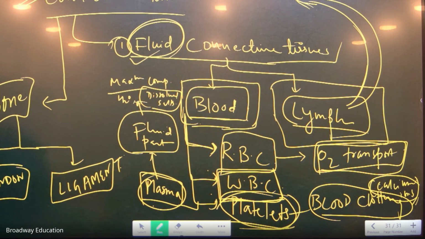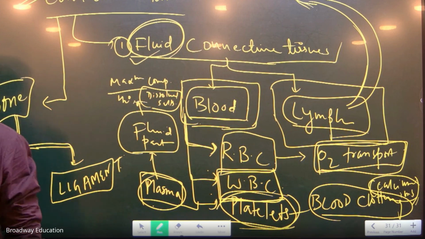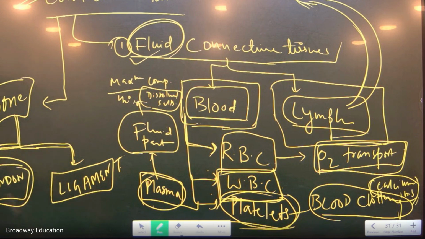Now, after this, please write tendon. First one, write tendon. Tendon connects or binds.